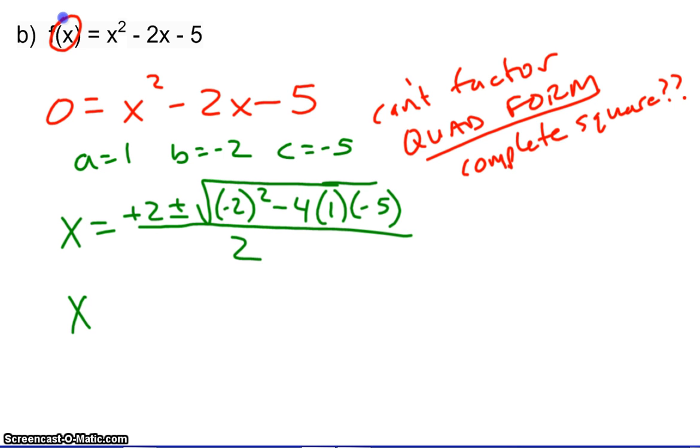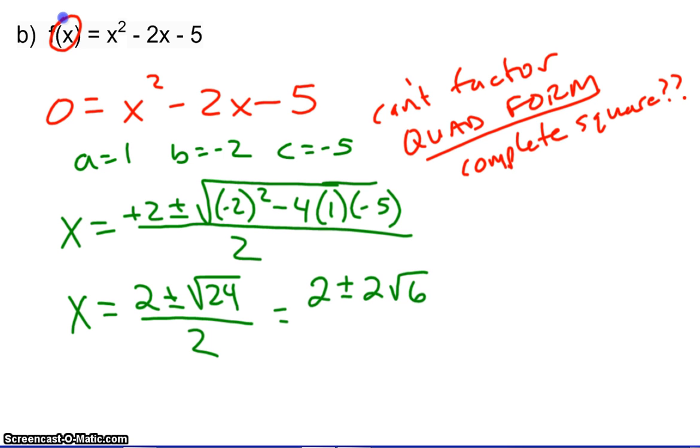Then when we simplify underneath in the discriminant, which is the part underneath the square root, you get plus or minus the square root of 24. Then we need to simplify the square root of 24, which is 2 root 6.